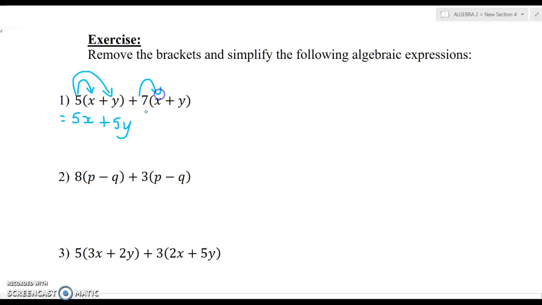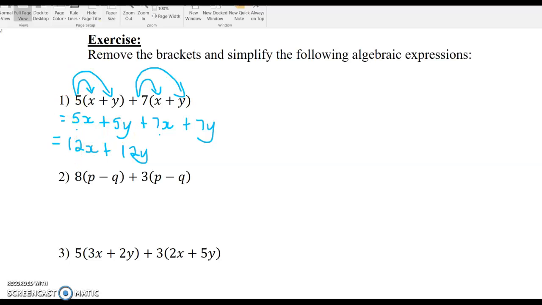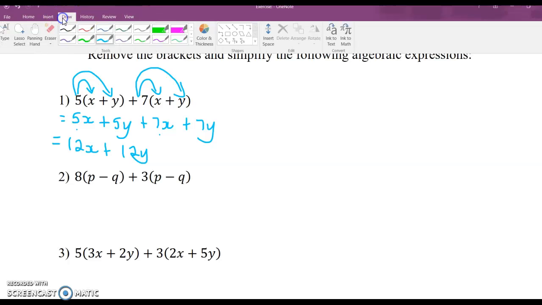Positive 7 by x is positive 7x, and positive 7 by positive y is 7y. Then we just add the x's: 5x plus 7x is 12x, and 5y plus 7y is 12y. Pretty simple there, right? Let's change the color of our pen so we don't have too much blue.